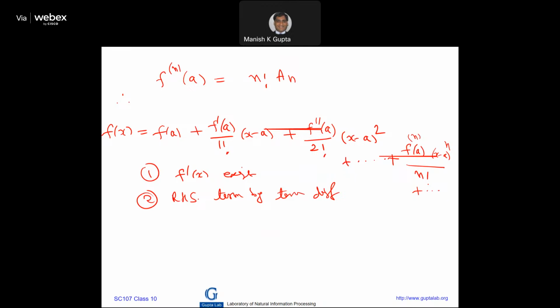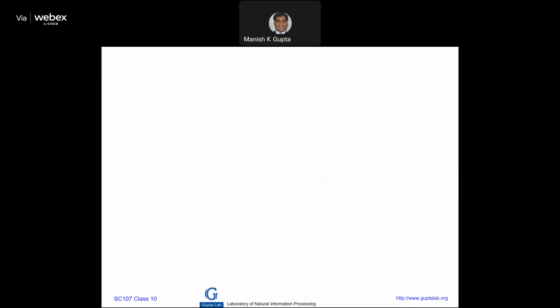By the way, for a is equal to 0, this is known as Maclaurin series. As I mentioned, these things were known in India a long time ago. So again, a time problem.